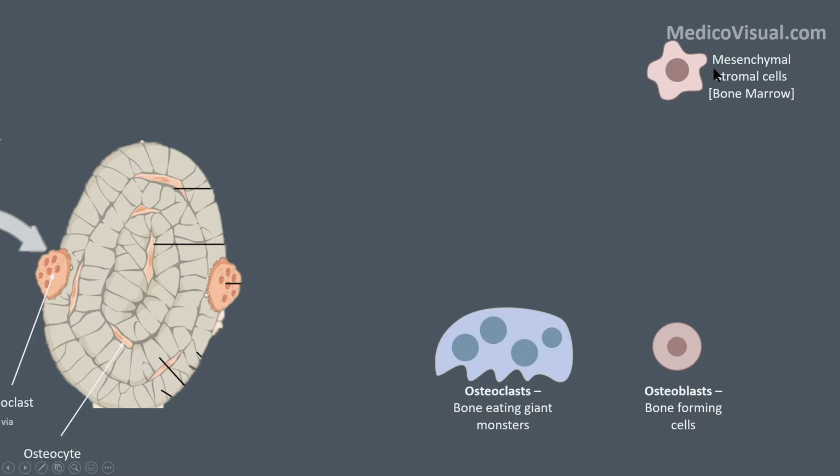There are cells called mesenchymal stem cells, or mesenchymal stromal cells, or bone marrow stromal cells. These come from bone marrow, and through a multi-step process they first form pre-osteoblasts, the osteoblast precursors, which ultimately form the osteoblast.